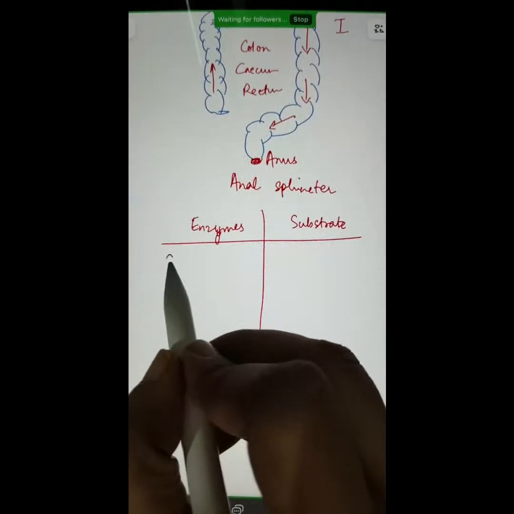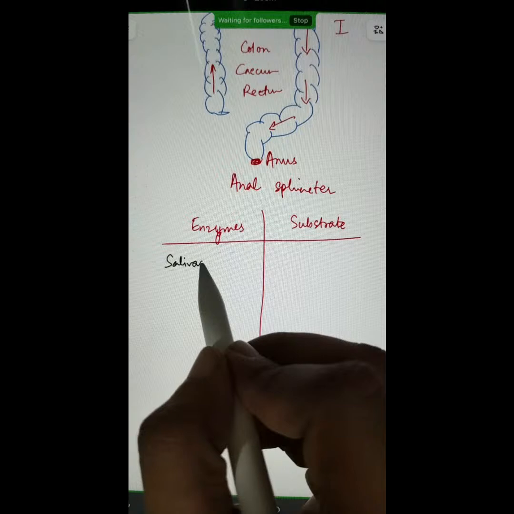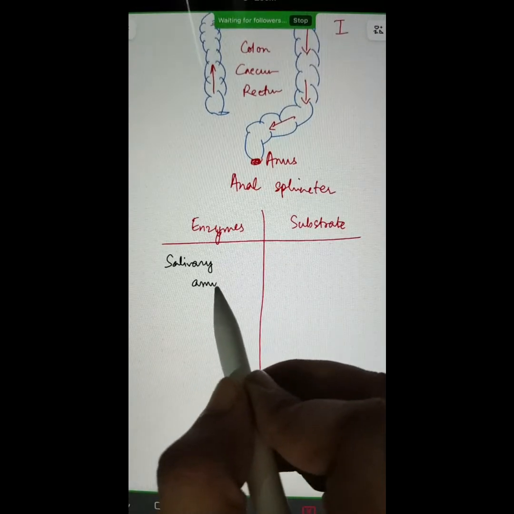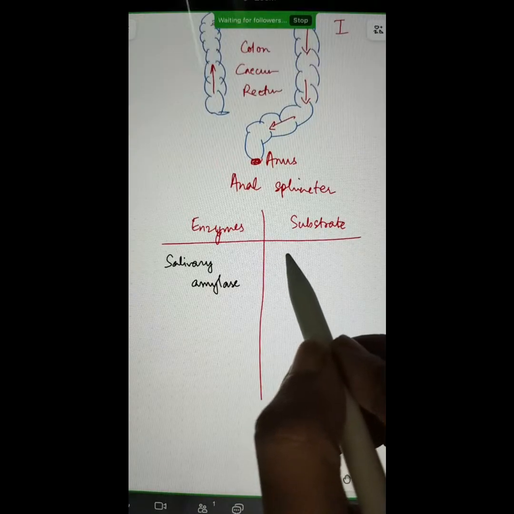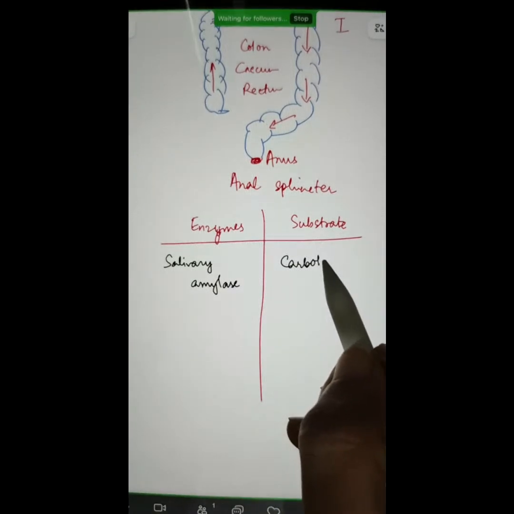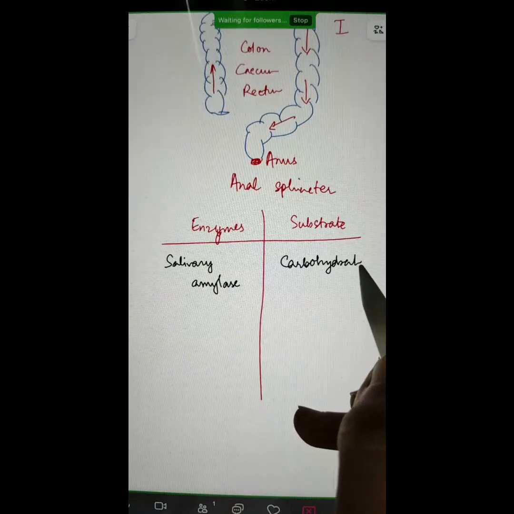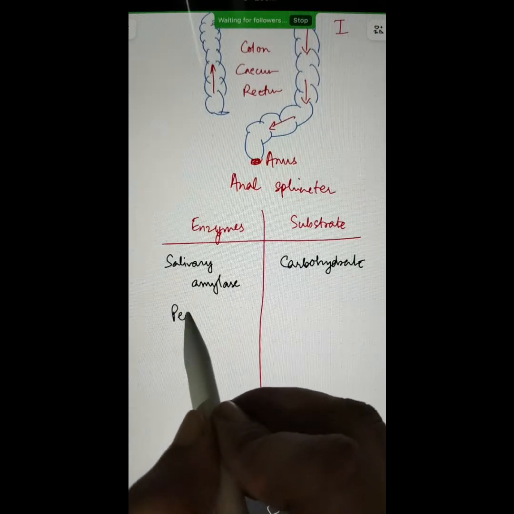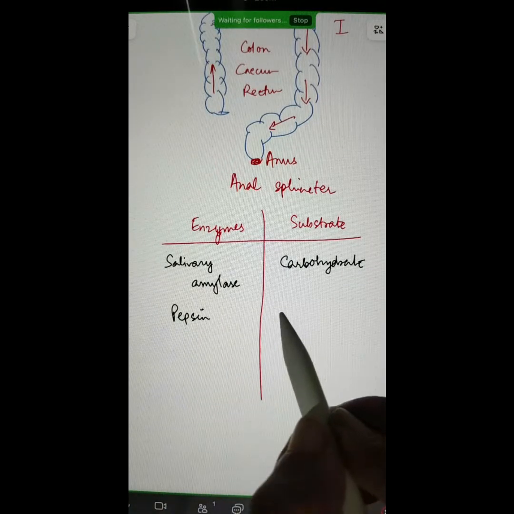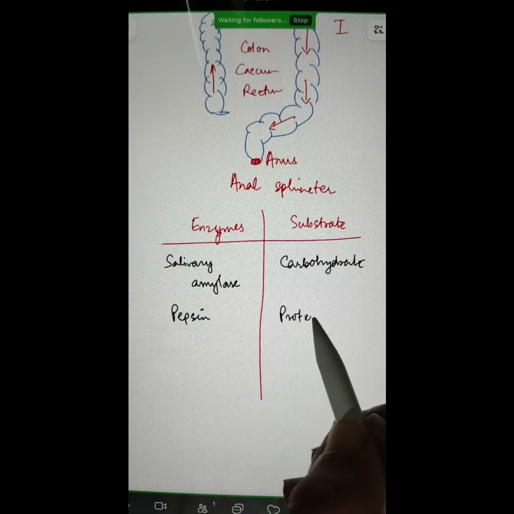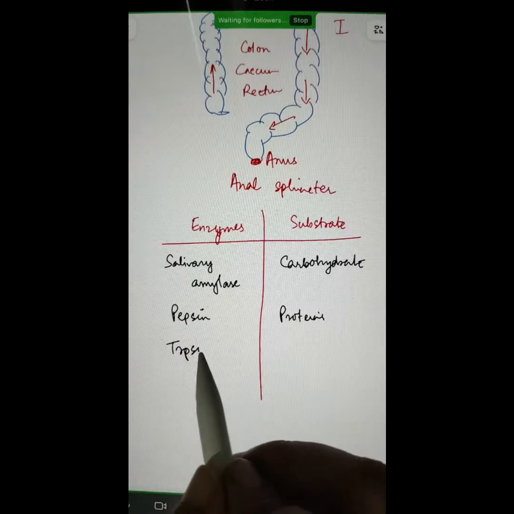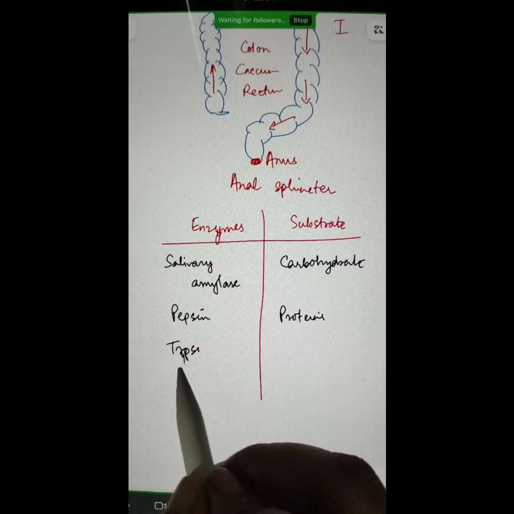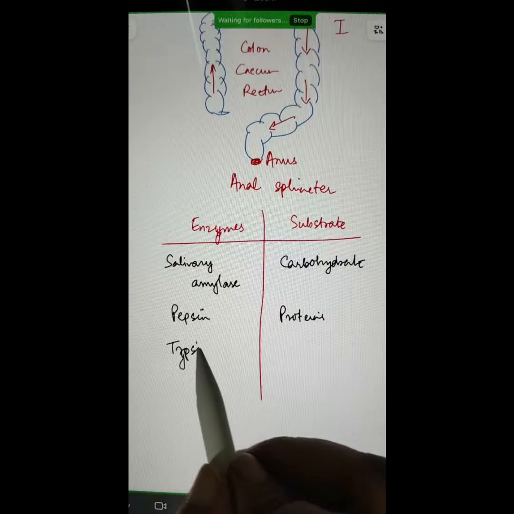Salivary amylase is an enzyme present in your saliva, and the substrate for this is carbohydrate. Then we have pepsin in the stomach, and it acts upon the proteins. Then we have trypsin.